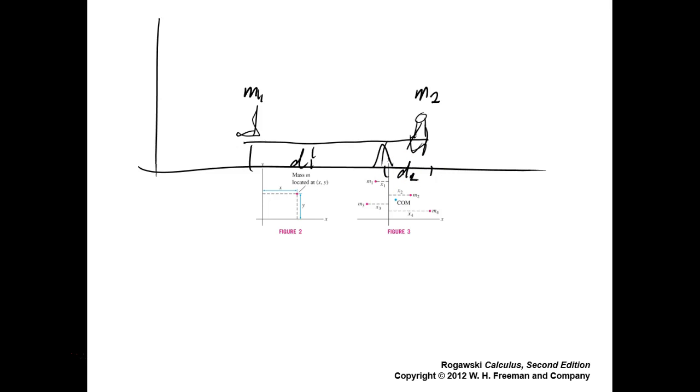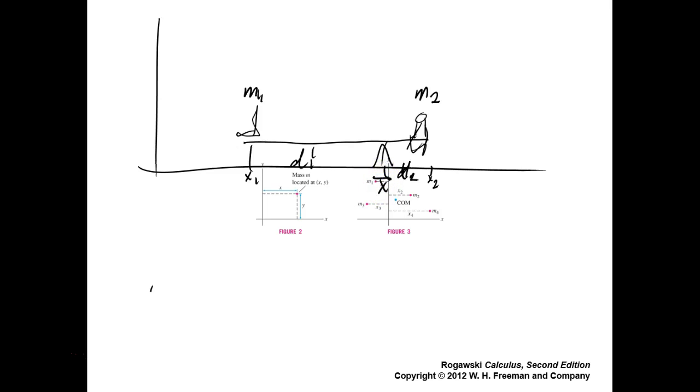As Archimedes said, okay, and by the way, they call it D1 and D2, but they put other things in here too. They call this X1 and X2, the locations of them. And this is the center of mass, which they call X bar.